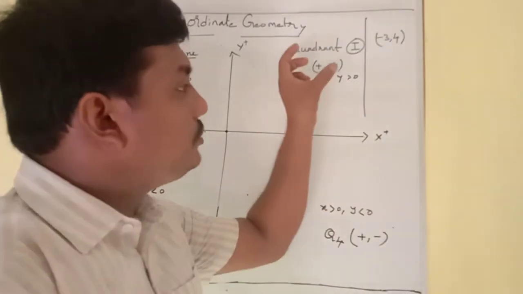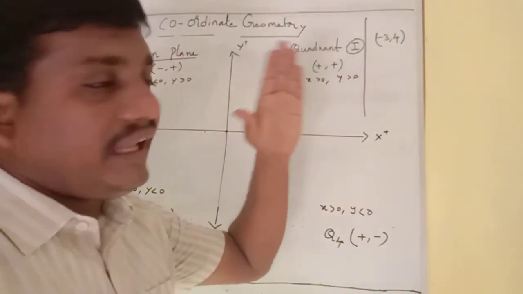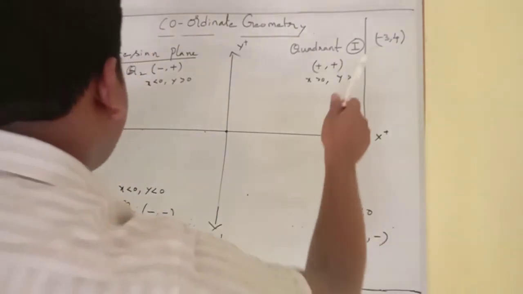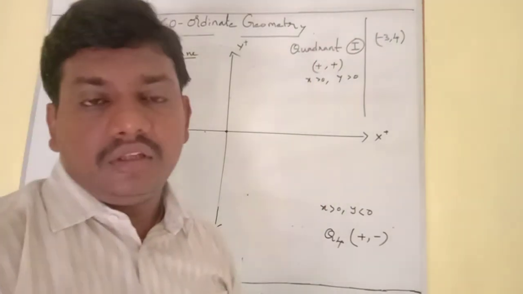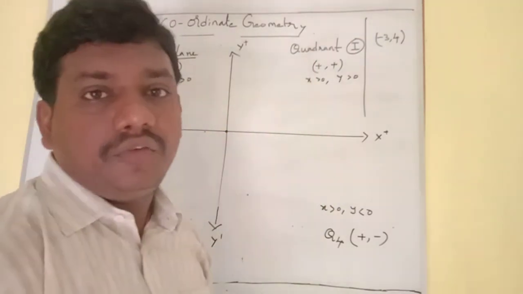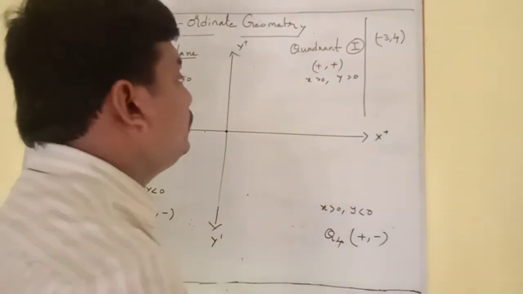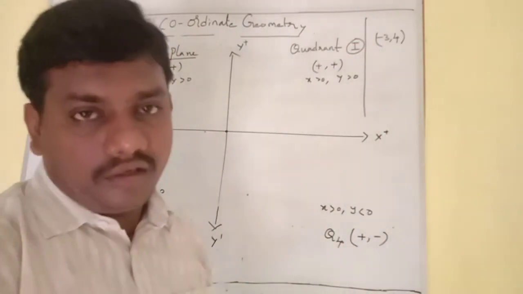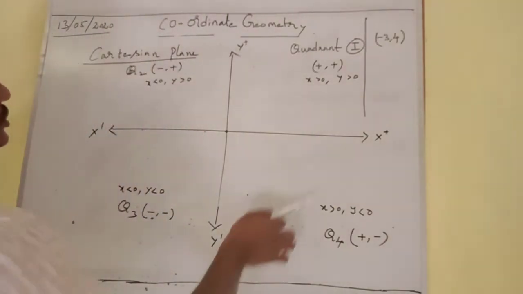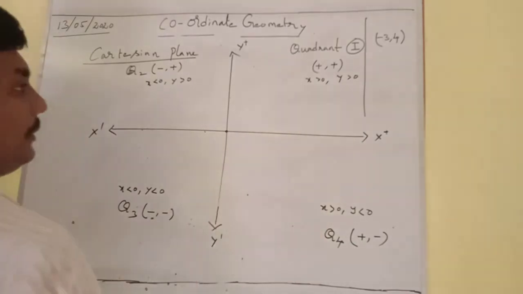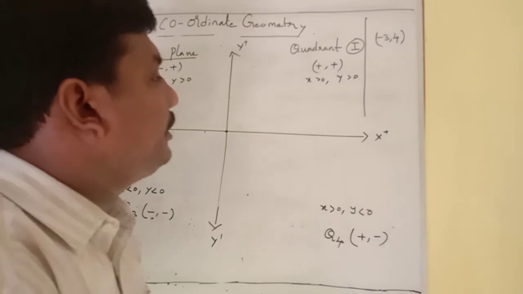Once you observe that x is negative and y is positive, we can easily say that the point belongs to the second quadrant. Just by looking at the point, we can say it belongs to the second quadrant. That's the reason why the Cartesian plane is divided into 4 quadrants, for easy identification of location.